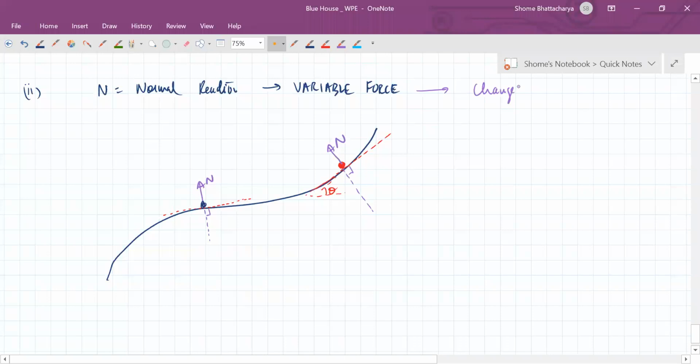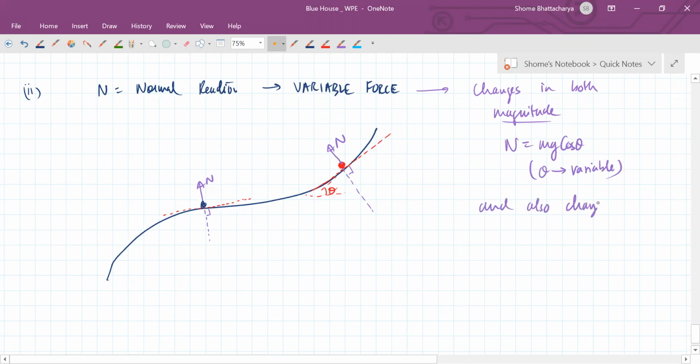It changes in magnitude, because at any point N is equal to mg cos theta, but theta is variable, and it also changes in direction, because theta, the slope of the tangent, I mean tan theta, is variable.